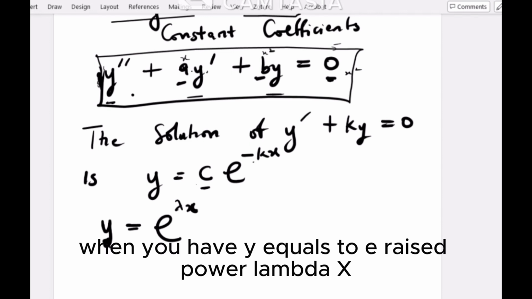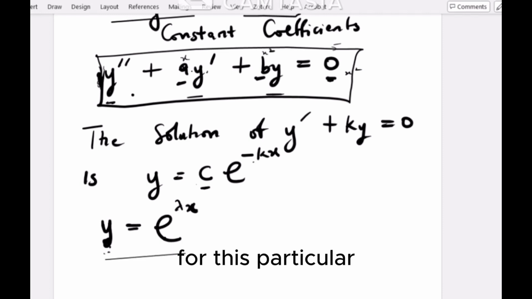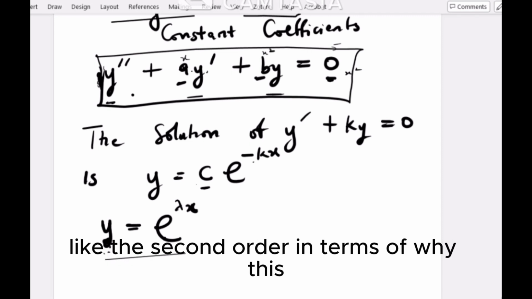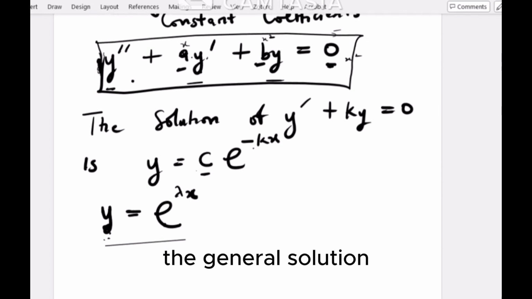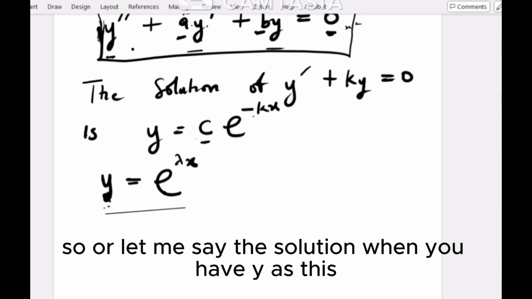When you have y = e^(lambda x), I want to be able to see what your lambda would be for this particular ODE. You're trying to change your order, and this will help you in getting the solution.